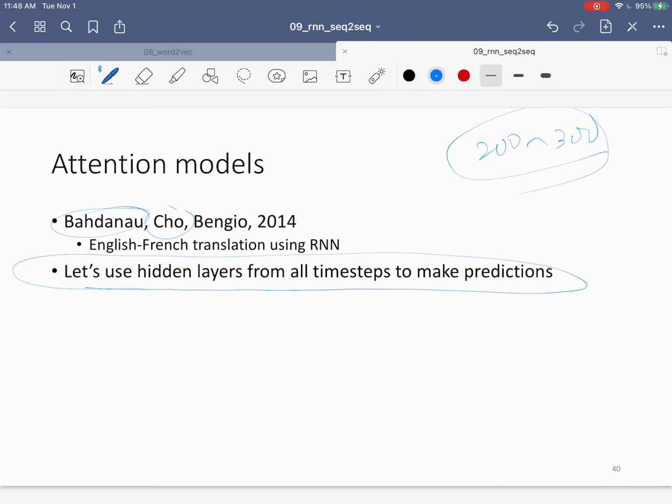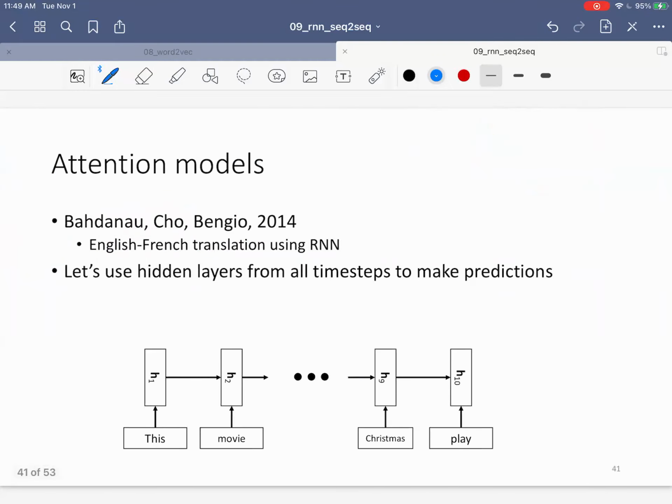So in order to increase the performance, these researchers proposed something called the attention model. Let's use all hidden layers from all time steps to make predictions. If we go back to the original sentiment classification example, we put all tokens, all words into your RNN, and then taking the H10, we put that into logistic regression.